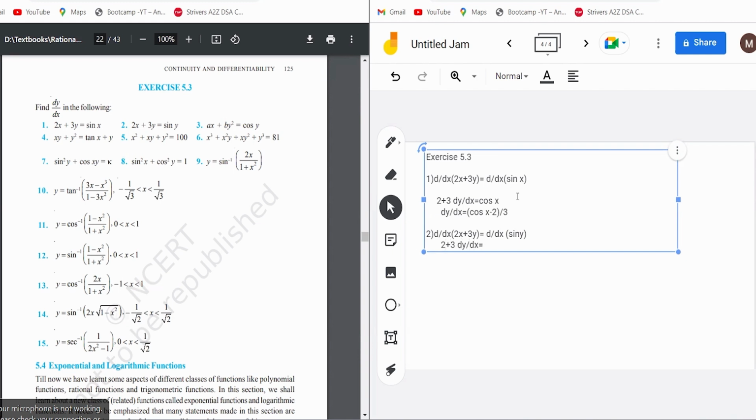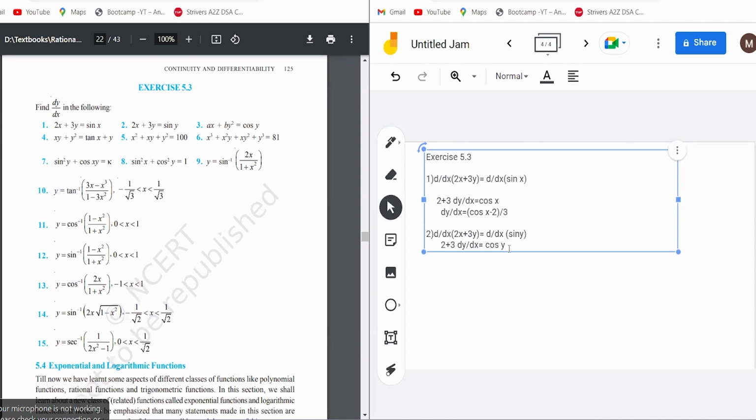So I can say differentiation of 2x plus 3y is 2 plus 3 dy by dx equal to d by dx of sin y, which is firstly differentiation of sine, it would be cos y, then differentiation of y. You can see that here I am differentiating 2 times only. Sin x differentiation cos x and then x differentiation 1.